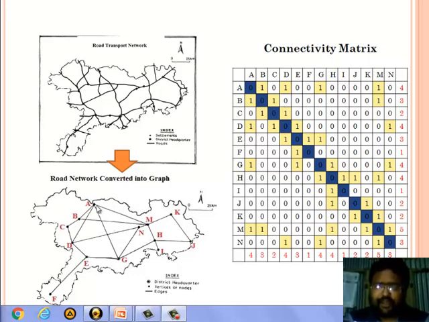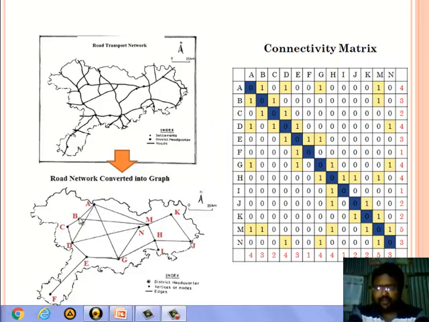Look at node A. No edge is required to reach A from A. Therefore, the value is 0. From A to B, A is directly connected with B. Therefore, the value is 1.